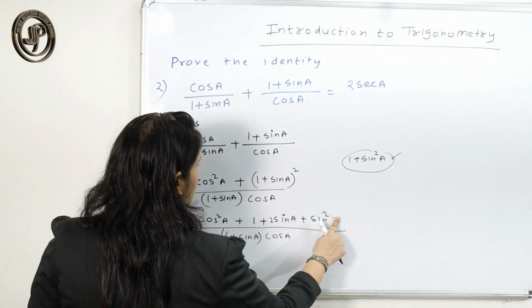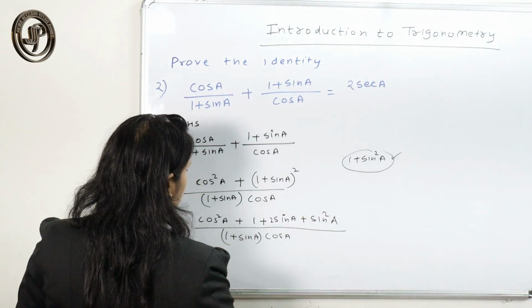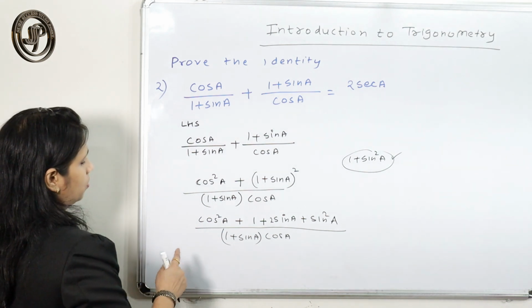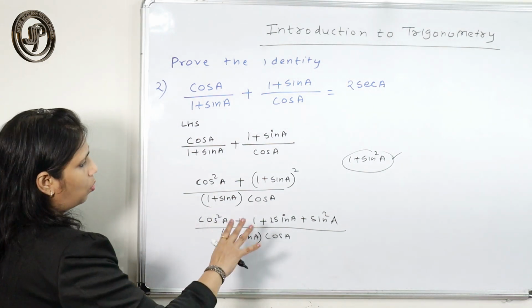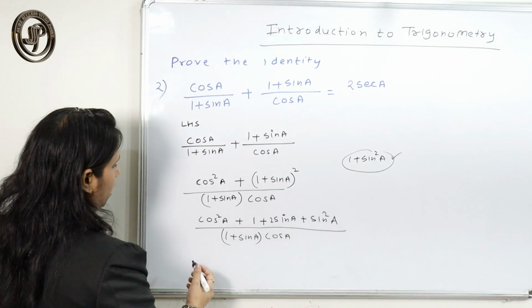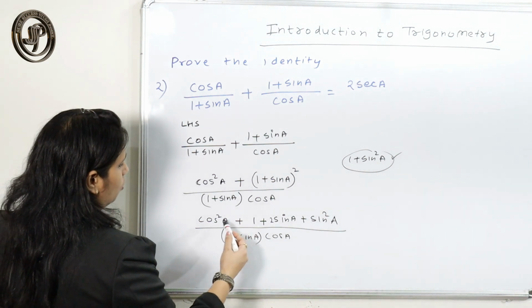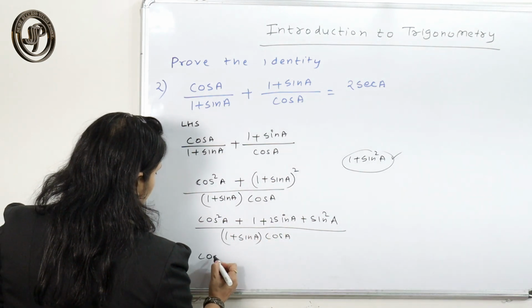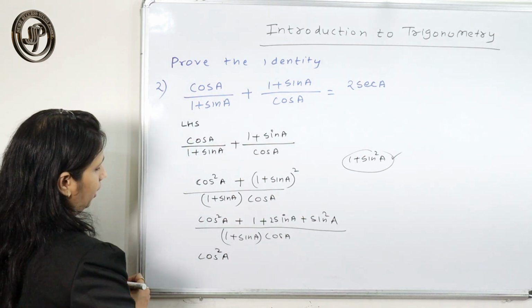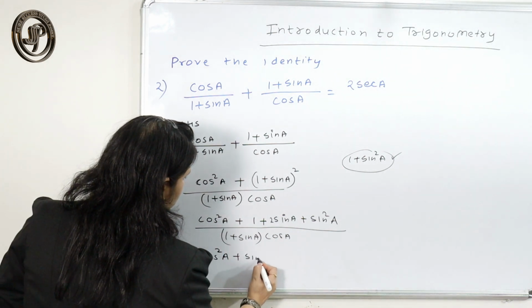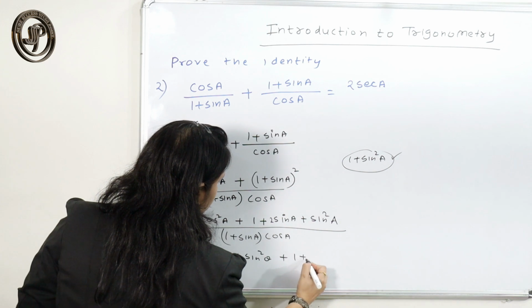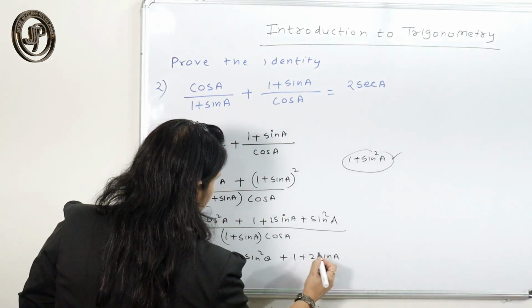Sorry, it is theta, so I just have to put theta; if the angle is A, I have to put A, in terms of A only. So I have cos square A plus sine square A written together.